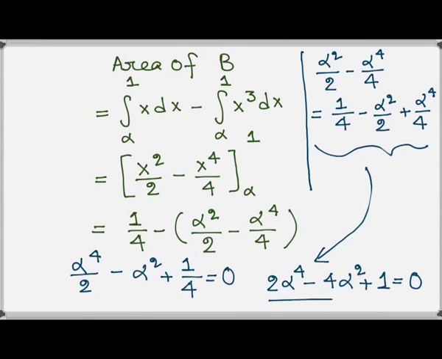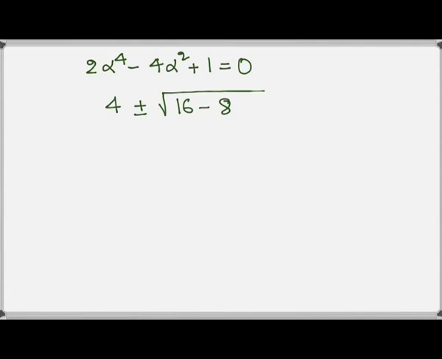We have already obtained a quadratic equation in alpha square. I write the equation here again. 2 alpha to the power 4 minus 4 alpha square plus 1 is equal to 0. By solving this, we get possible choices for alpha square, and they are 4 plus minus square root of 16 minus 8 divided by 4, which is 1 plus minus square root of 2 divided by 2.